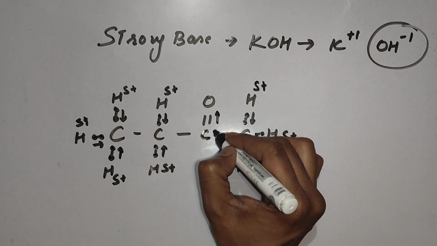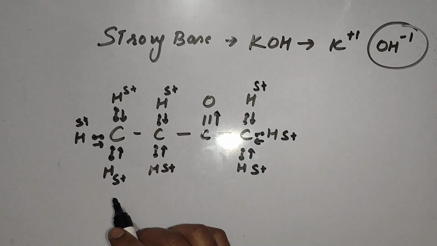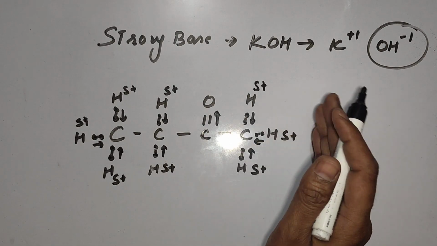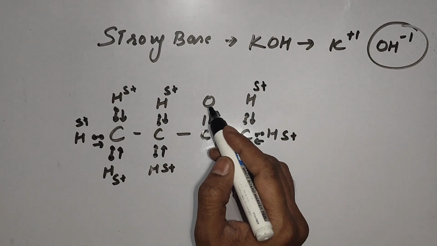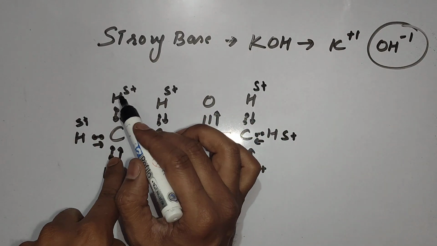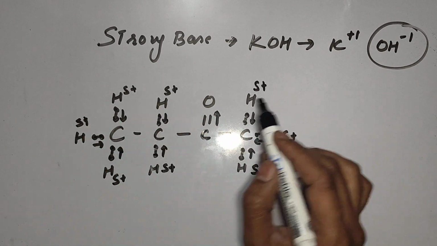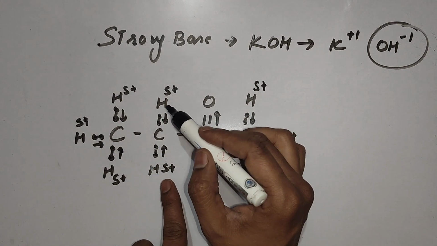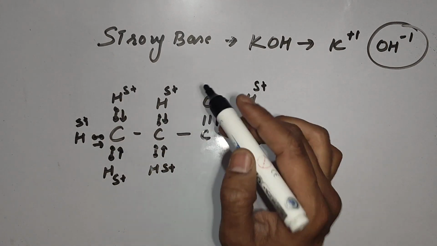It is attracting electron toward itself, and these hydrogens are close to the oxygen, so they are feeling more pull of electrons toward oxygen side. So don't you think these hydrogens have more positive charge as compared to these hydrogen? Yes, because these hydrogens are far away from the oxygen. Now, if I talk about these hydrogens, what is the problem? Watch.